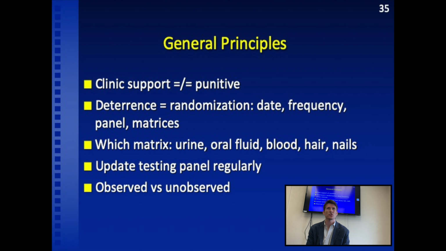The thing that people don't do, which we really need to do, is update our test panels. Drug use changes over years, if not decades, and for a while at the VA, we were still testing for barbiturates and PCP and sending thousands of tests per year that were never positive, right? So what we did was we took away the barbiturates and the PCP and the regular tests and said, okay, we took away all these, will you now please give us fentanyl as a test?